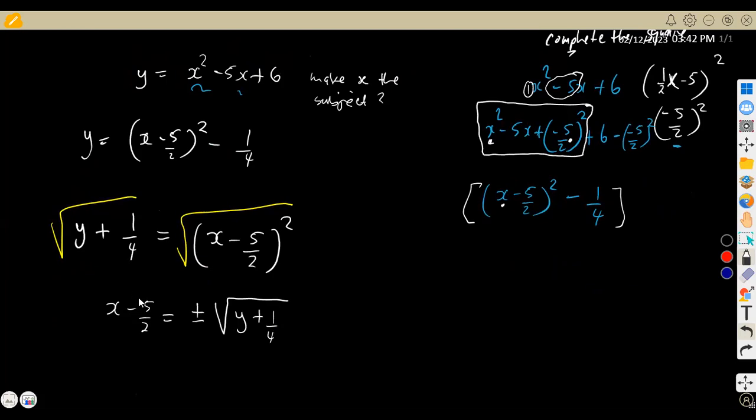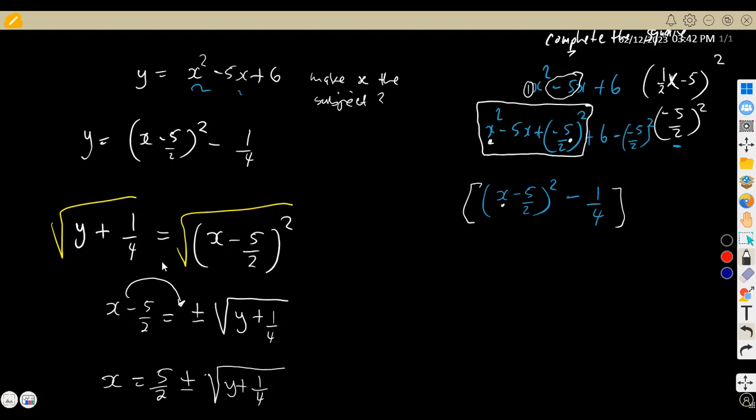So to make x the subject, I can simply transpose the minus 5 over 2 to the other side of the equation. So x is going to be positive 5 over 2 plus or minus the square root of y plus 1 over 4.